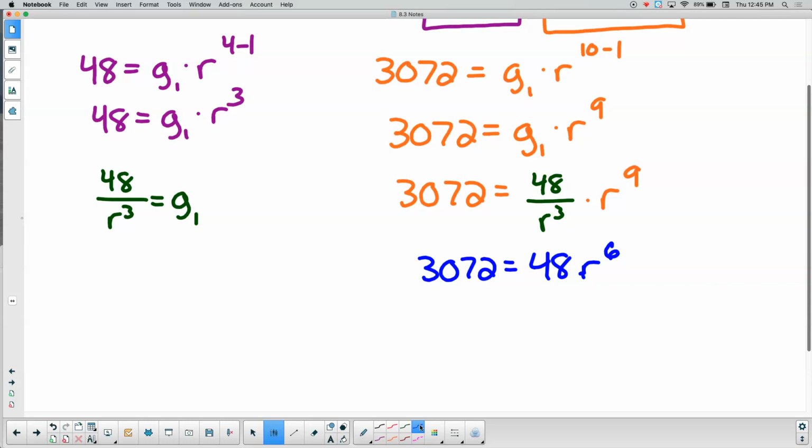3,072 divided by 48 is 64? Yes. Now what? Sixth root it.